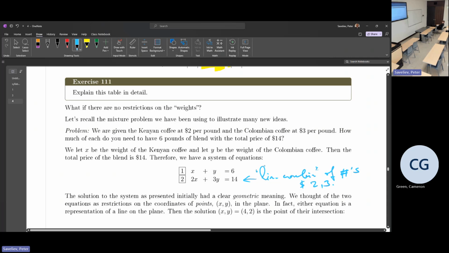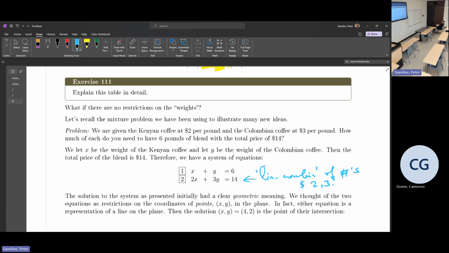So no restriction whatsoever in the second formula on x and y. So it's a numerical linear combination of numbers.